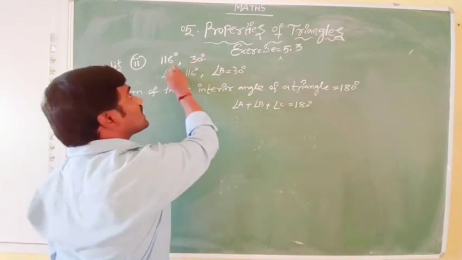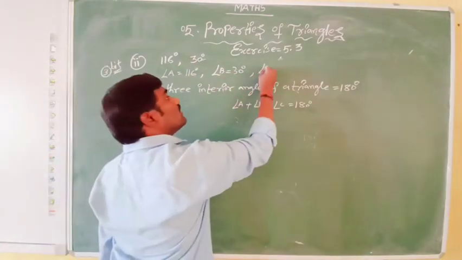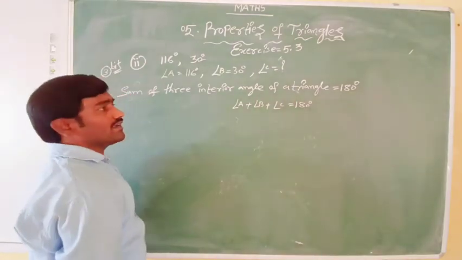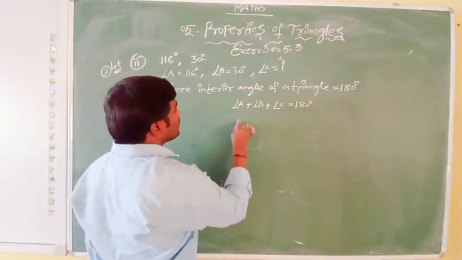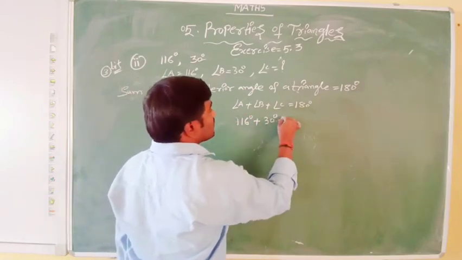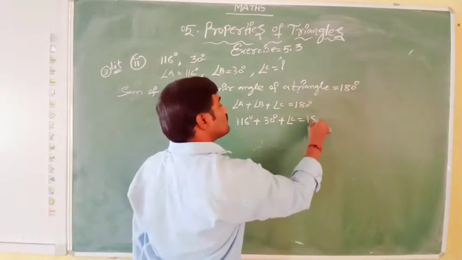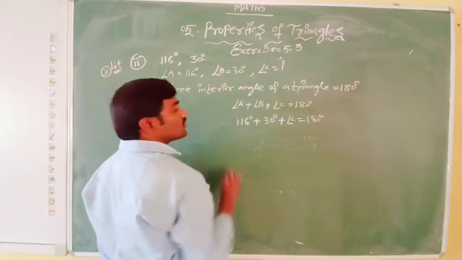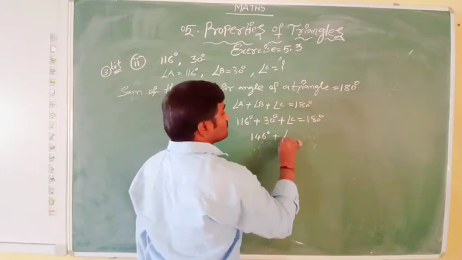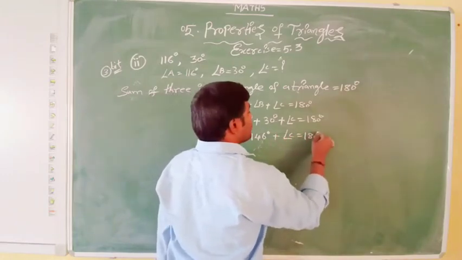We need to find out angle C. The sum of three interior angles of a triangle equals 180 degrees. So angle A, 116 degrees, plus angle B, 30 degrees, plus angle C equals 180 degrees. Add these both and you will get 146 plus angle C equals 180 degrees.